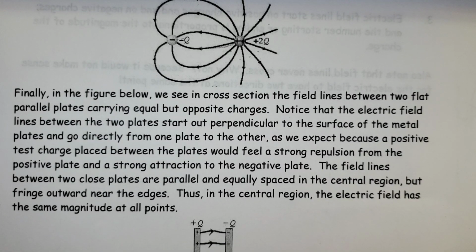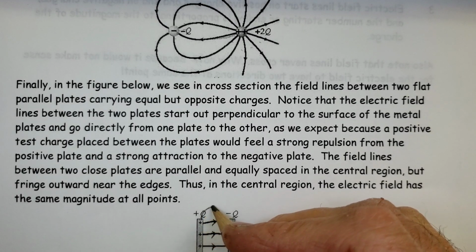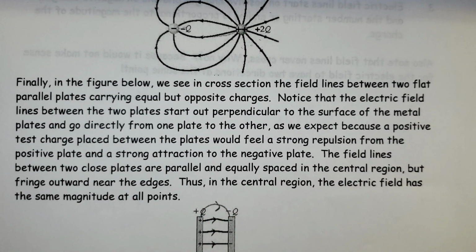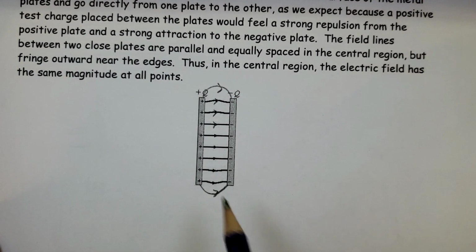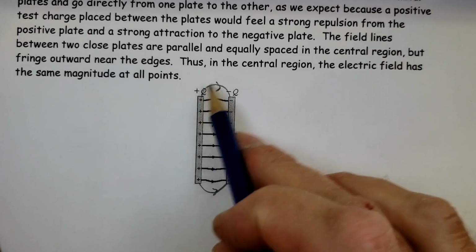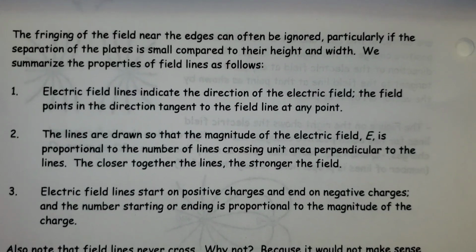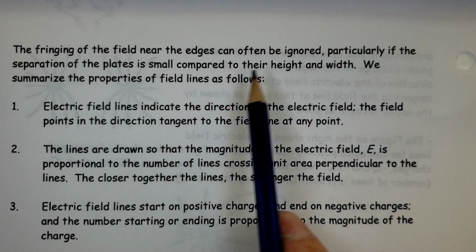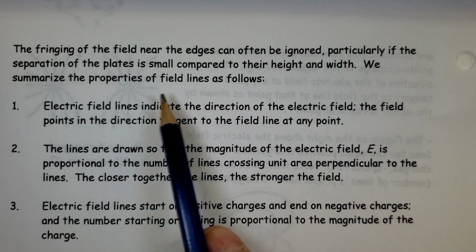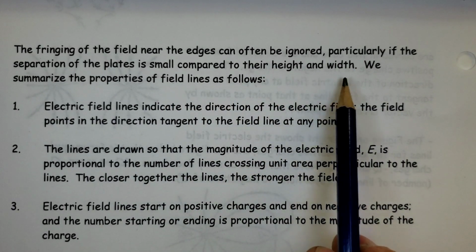Over here at the ends, we could even say, away from positive towards negative. So it curves outwards at the edges and again continues the path towards the negative over here. The fringing of the field near the edges can often be ignored, particularly if the separation of the plates is small compared to their height and width.